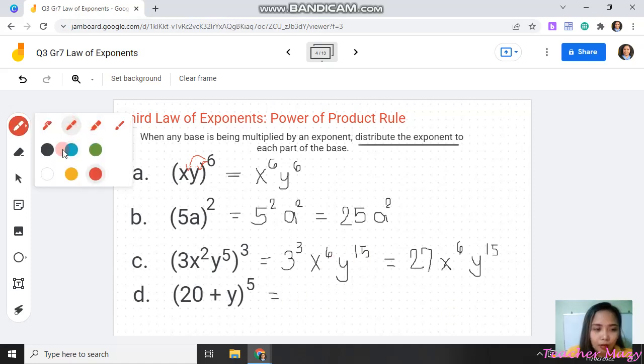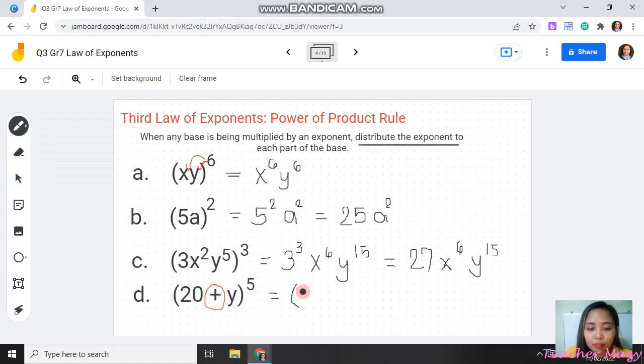Next. Okay, so for letter D, as you can see, we have addition. So, addition is the operation between these two terms. So, we will not distribute the exponent. Let's copy it. 20 plus y raised to 5.